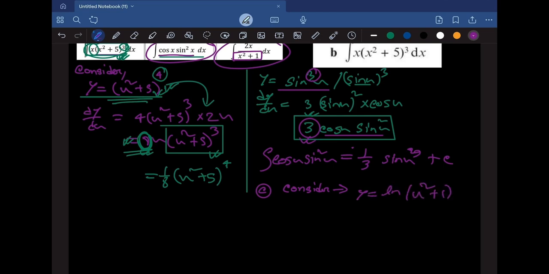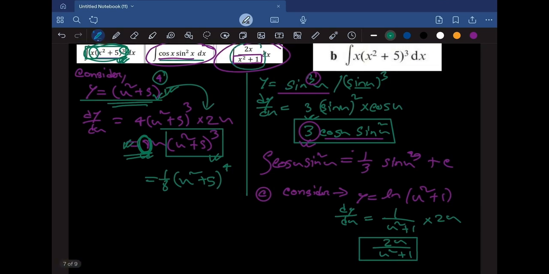Now if we differentiate it, it becomes 1 divided by x squared plus 1 multiplied by this differential, which is 2x, right? So it becomes 2x divided by x squared plus 1. Now this is exactly the same as the question that they have given us. So there is no difference, just like here there was a difference of 8 and of 3, because it was 3 times and it was 8 times, so we wrote 1 by 8 and 1 by 3.